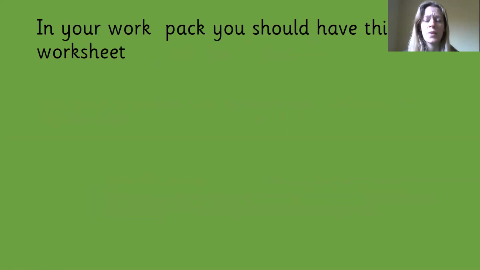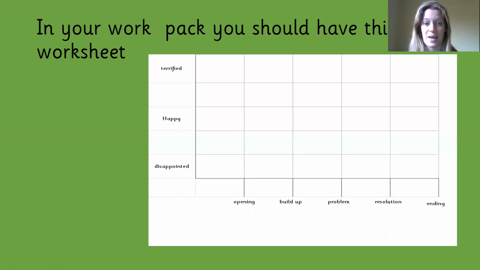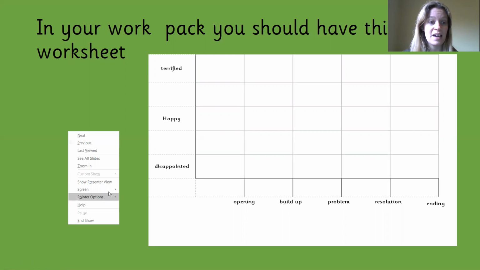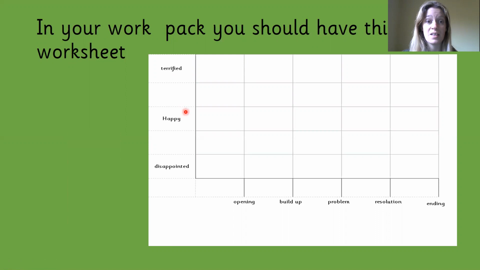So in your work packs, you should have this sheet here, okay? It looks like a graph, and on the bottom, it's got our 5 parts of the story: our opening, build-up, problem, resolution, and ending. And on the side, it's got some feelings. It has got things like happy, terrified, and disappointed.